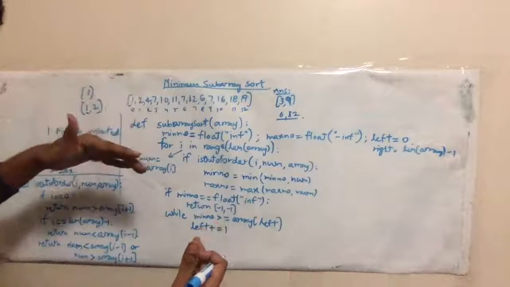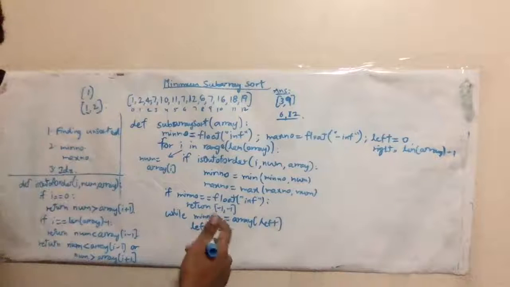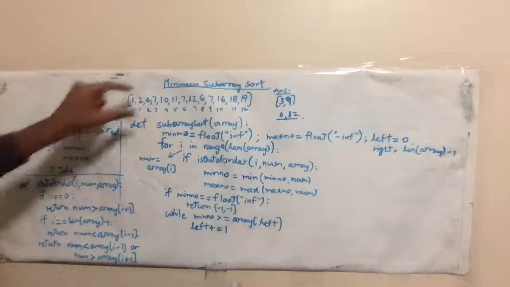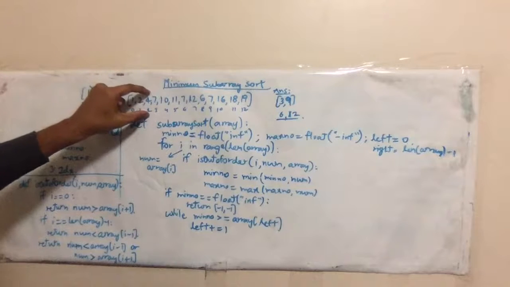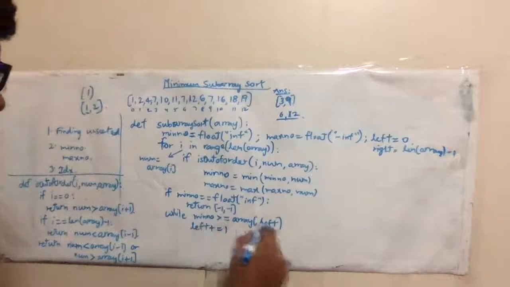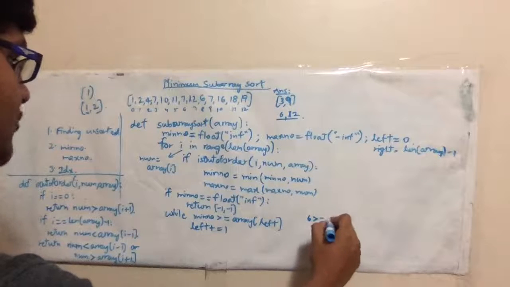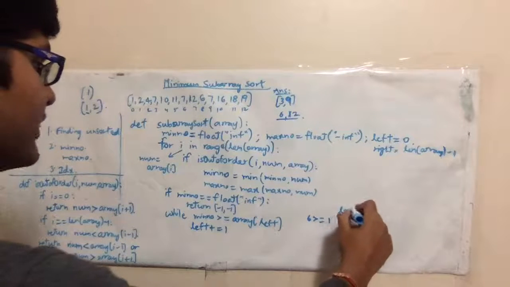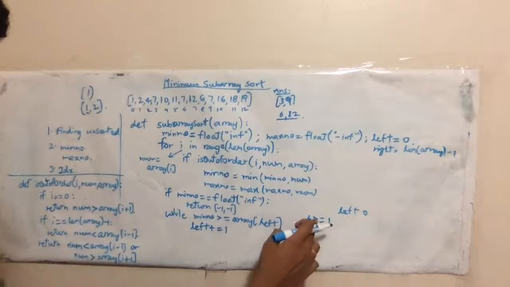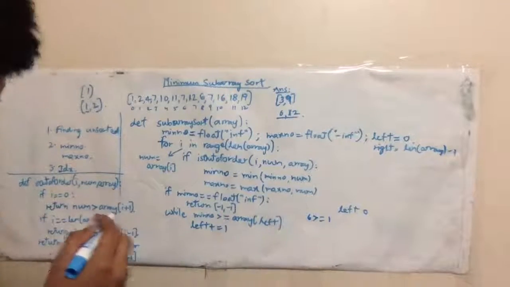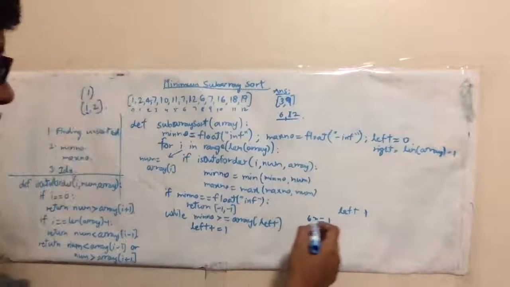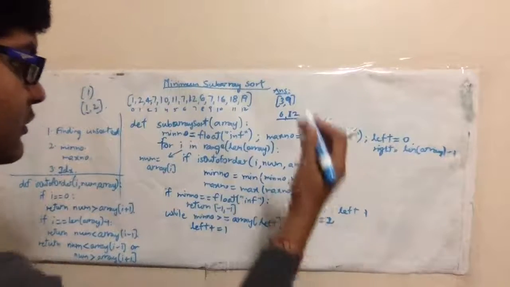So what that means, before coming to this position, it will have the left. We can iterate through this small list because it is a small list. So 6 is greater than or equal to 1, and initially left index is 0. This has become true, and we increment left by 1. So now it moves here. We check again, 6 greater than or equal to 2.